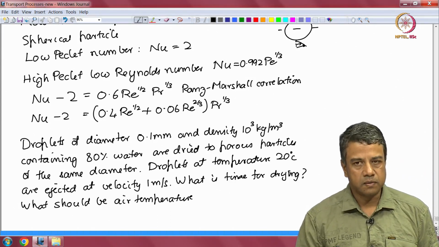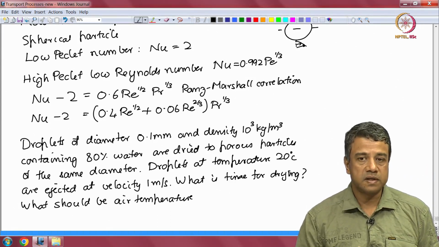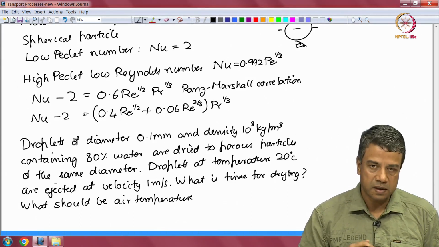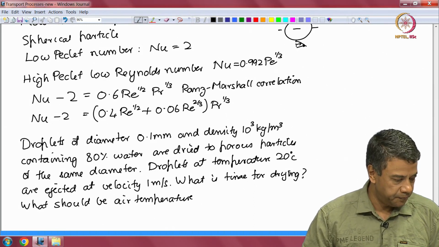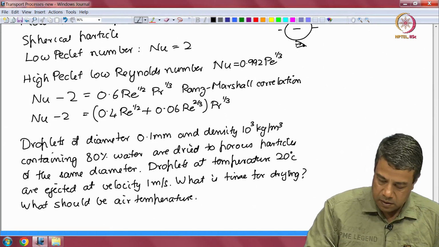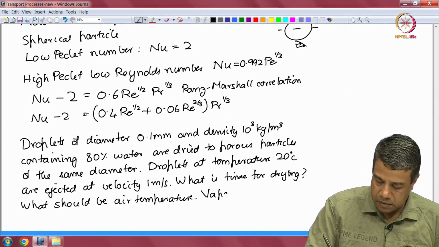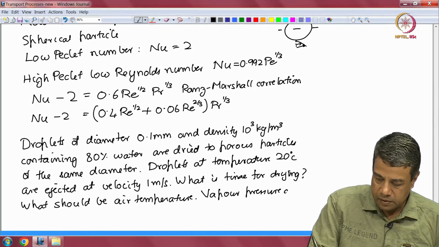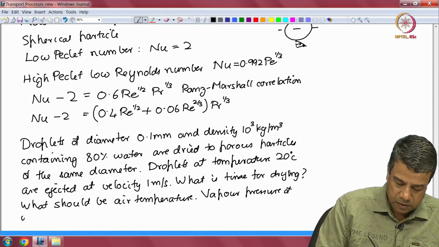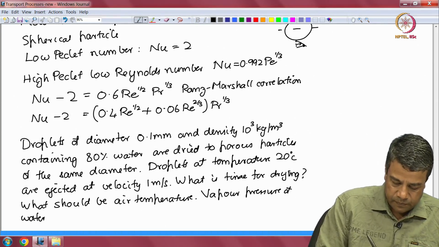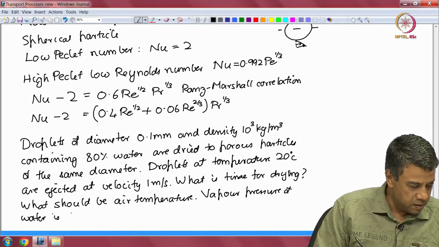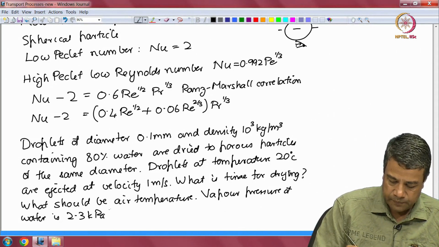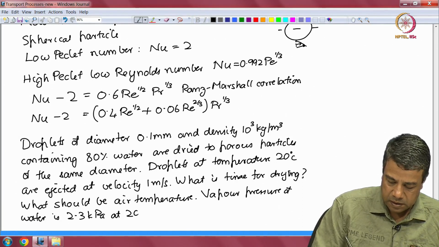That is, what should be the temperature of the air. Obviously, the temperature of the air has to be higher, so that heat is transferred from the air to the droplet. Vapor pressure of water is 2.3 kPa at 20 degrees centigrade.